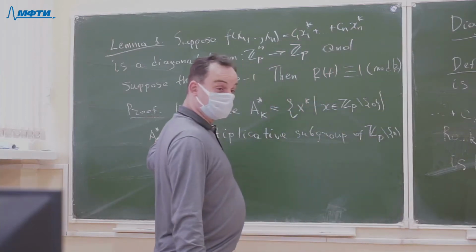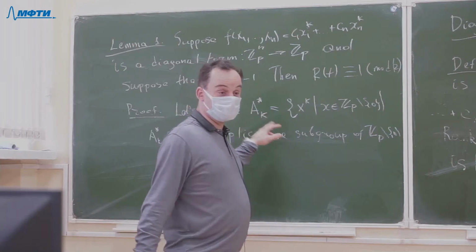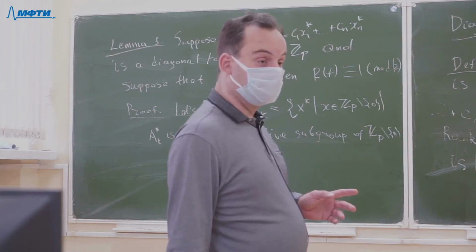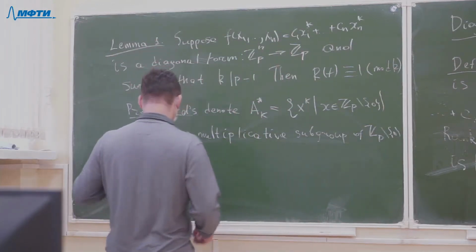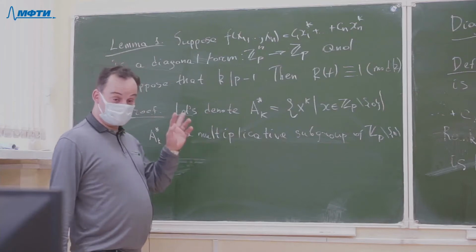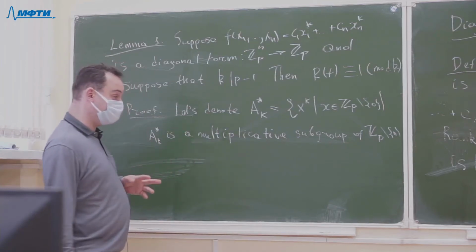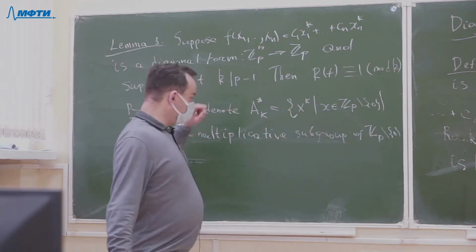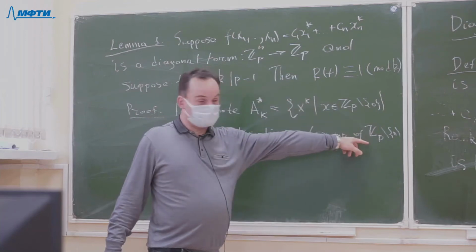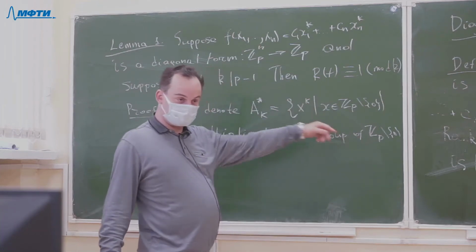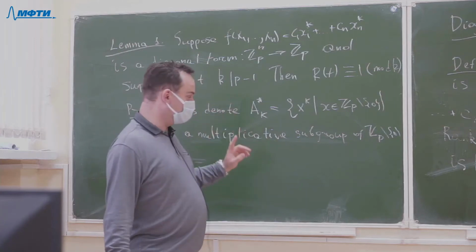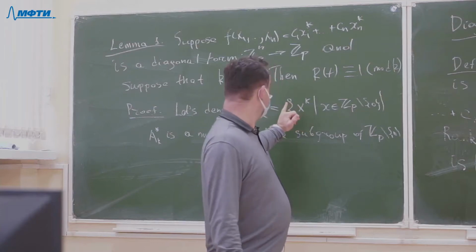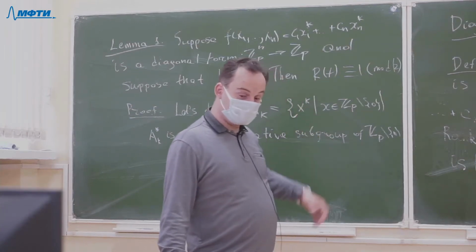Do you understand how to check that this is a subgroup? We have to check that if we take 2 elements of the subgroup, the product of the 2 elements is inside the subgroup. It's easy to check that. The identity of the group, in our case, is 1, right? 1 is really inside, because 1 to the k is 1.